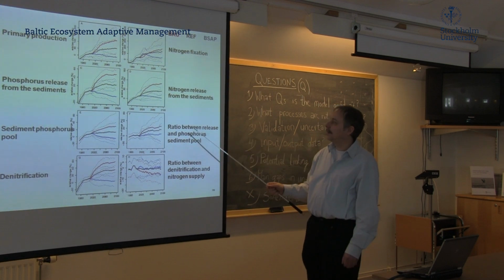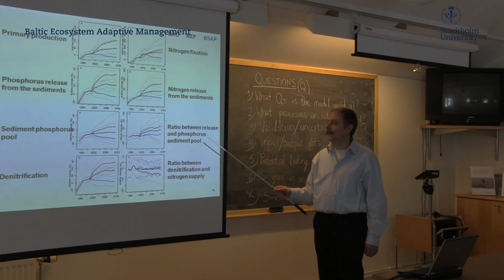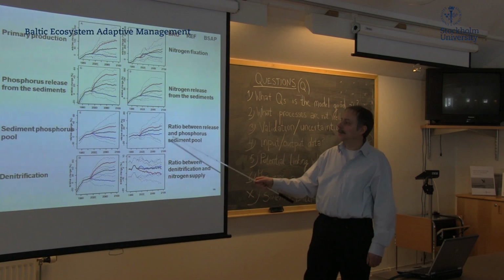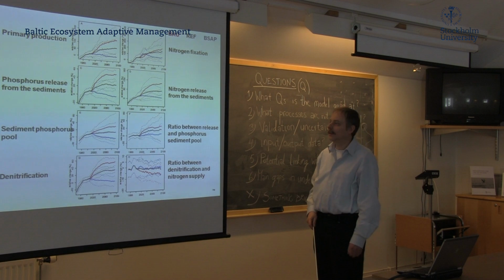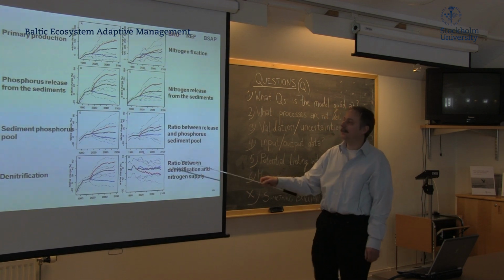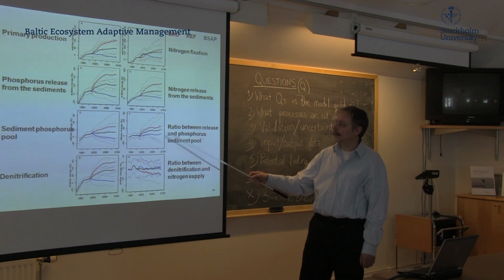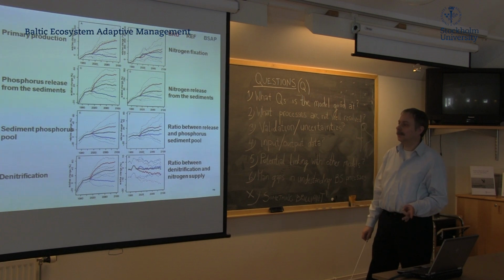So it's maybe more important to look at the ratio between the release and the phosphorus sediment pool to learn something about the sediment turnover, and actually the turnover is reduced, so it's getting faster recycling due to the fact that the fluxes are temperature dependent.